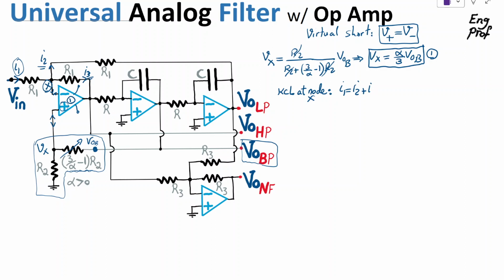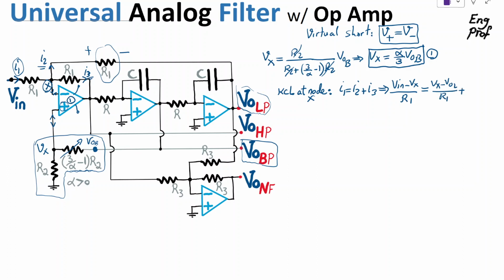Let's substitute for these. I1, across R1, is Vin minus Vx, divided by R1. For I2, it goes through this resistor, so the voltage across that resistor divided by R1 is Vx minus Vout low pass, divided by R1.